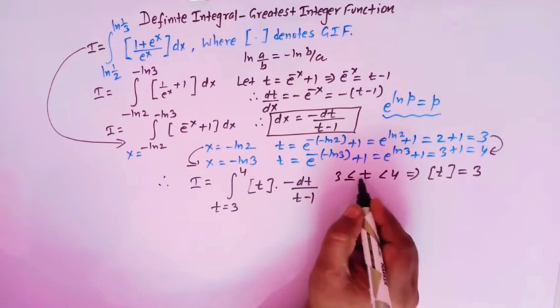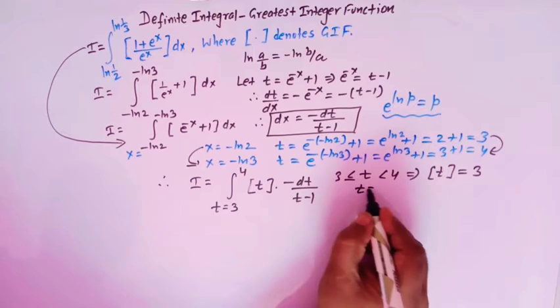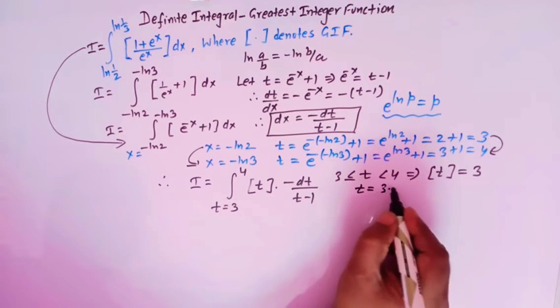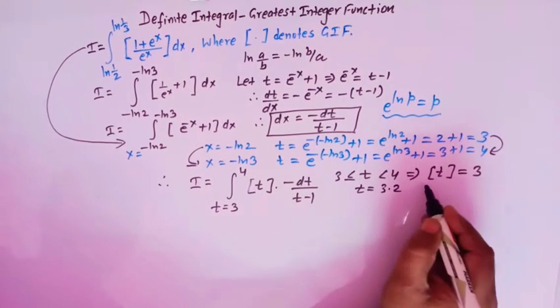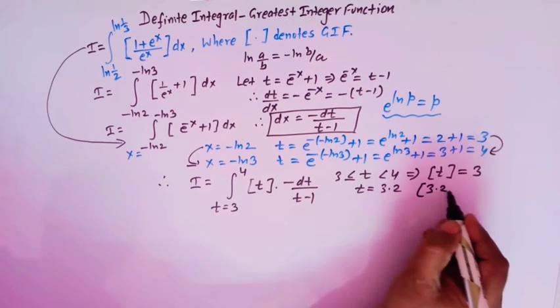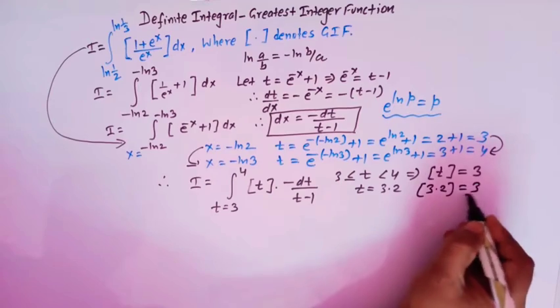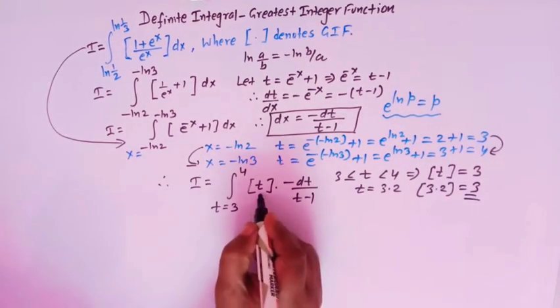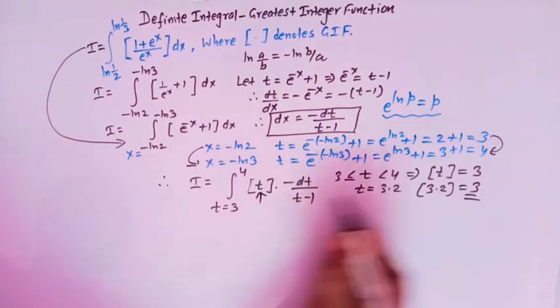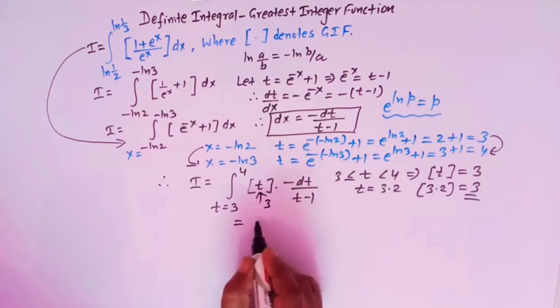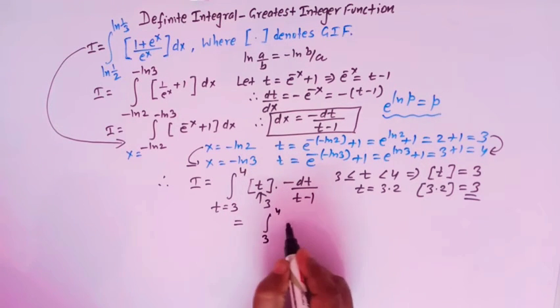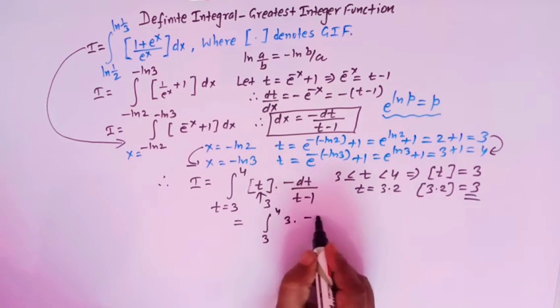For example, if we take t equal to 3.2, because 3.2 lies between 3 and 4, the greatest integer of 3.2 is equal to 3. So here we can write 3. Therefore we have the integral from 3 to 4 of 3 times minus dt over (t minus 1).